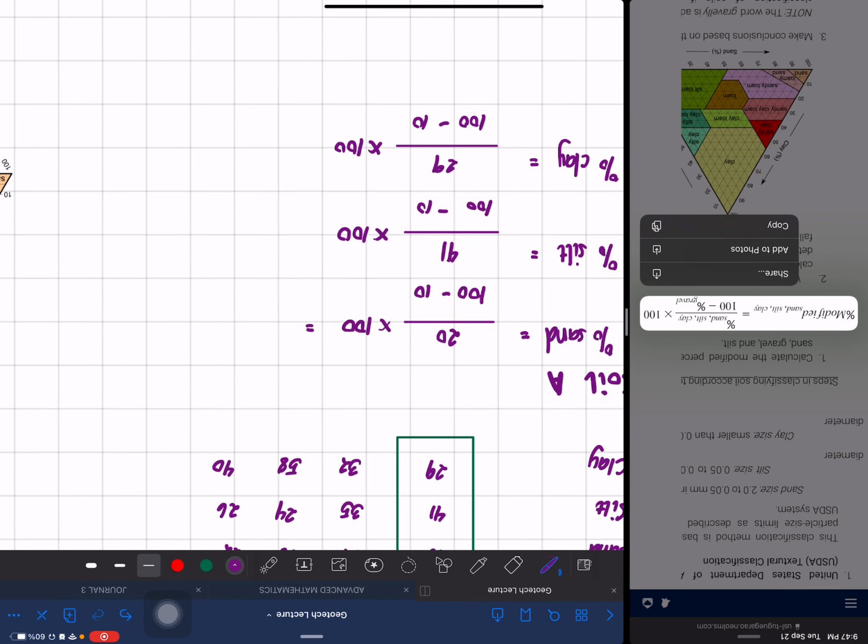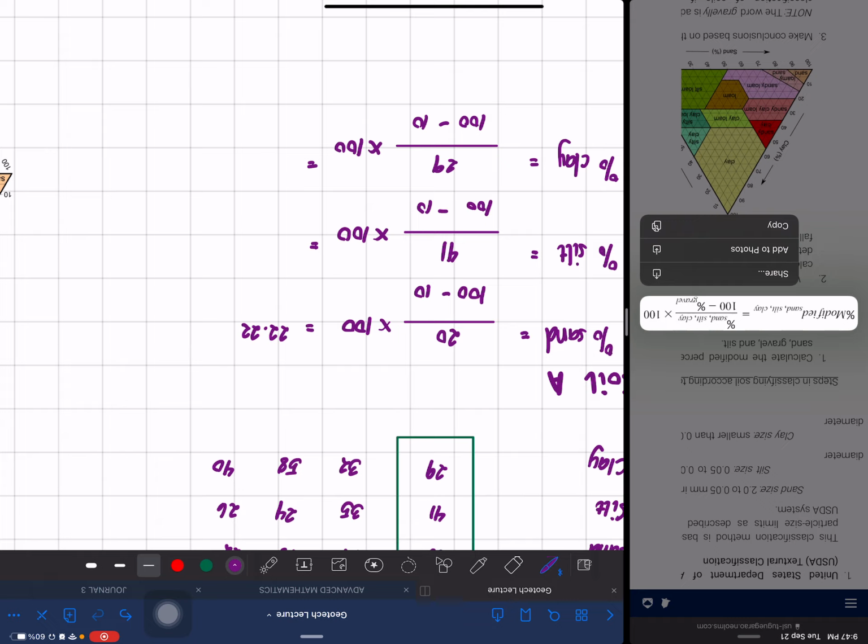So let's now note kung ano yung bagong percentage nila. Technically, ginagawa lang natin is tinatanggal natin sa percentage yung gravel component. The first one, meron tayo 22.22, I think. Next naman is, as you can see, yung numerator lang yung nagbabago.